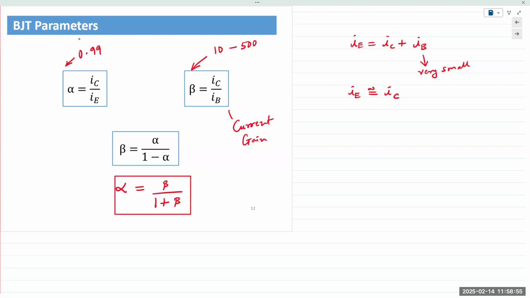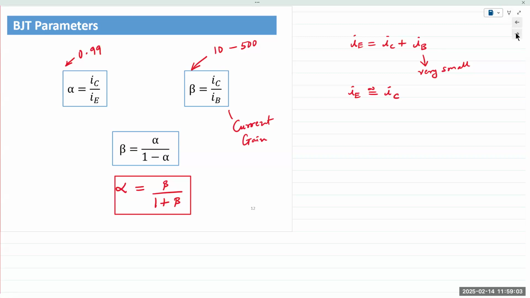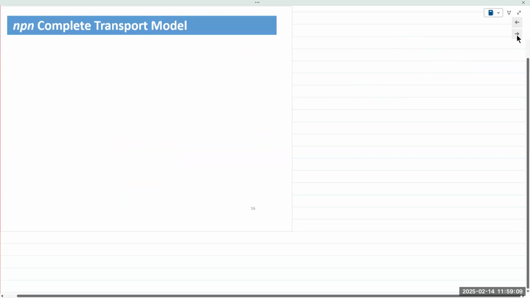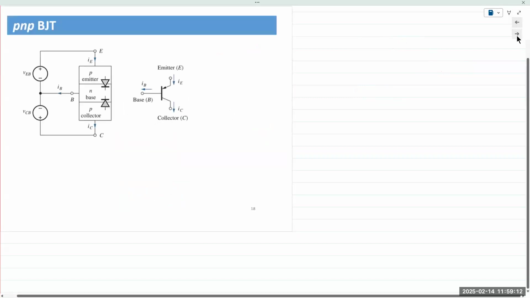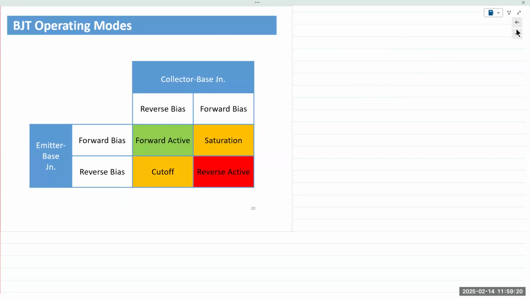So I want to do, let's see, page 20. Transport model. So there are several different models we can use for a BJT. I won't get into those today, but I just want to talk about modes of operation, or the operating regions. So we have the emitter base junction and we have the collector base junction.